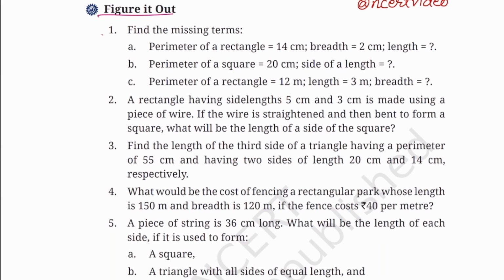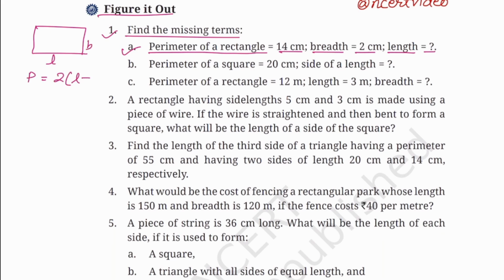Figure it out. 1. Find the missing terms. A. Perimeter of a rectangle is equal to 14 cm. Width is equal to 2 cm. Length is equal to how much? You already know the formula here. Perimeter is equal to 2 into L plus B. Here perimeter is equal to 14 centimeter.